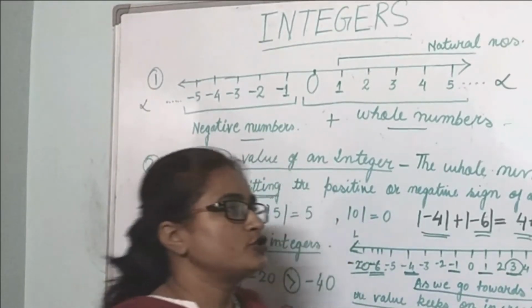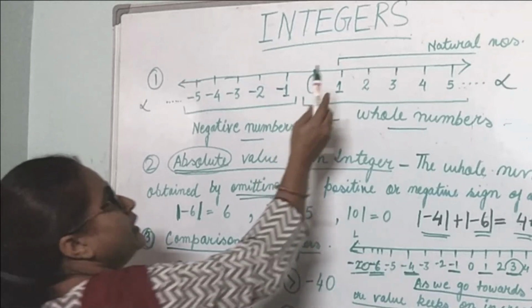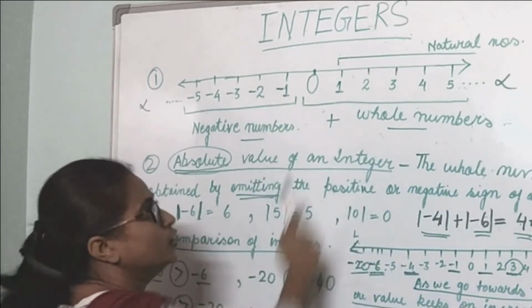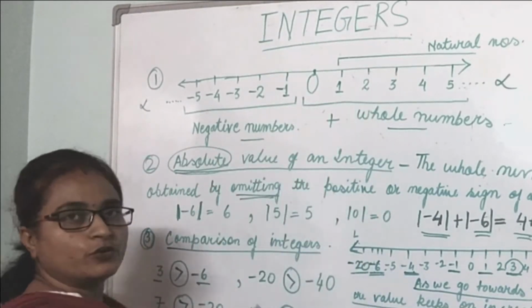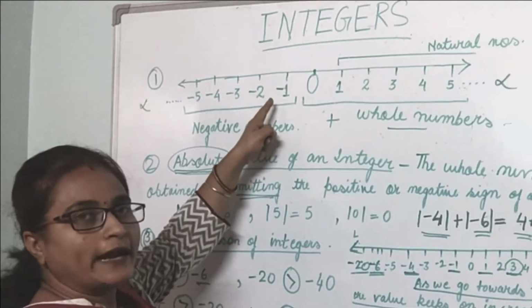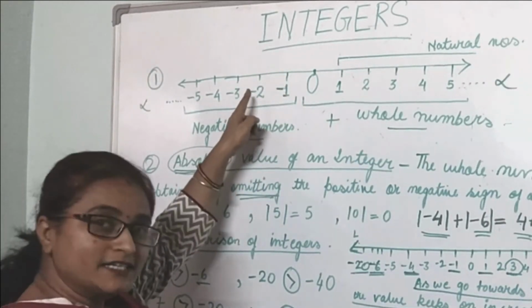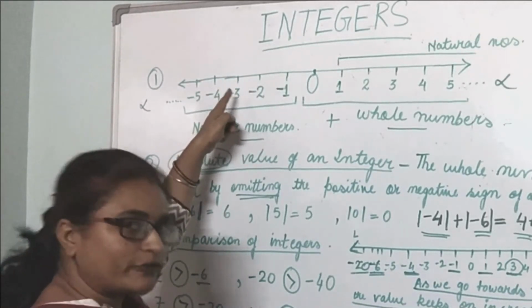It does not change. And one more thing is predecessor. 1 is the predecessor of 2, 2 is the predecessor of 3. So what is the predecessor of 0? It is minus 1. Predecessor of minus 1? Minus 2. Predecessor of minus 2? Minus 3.